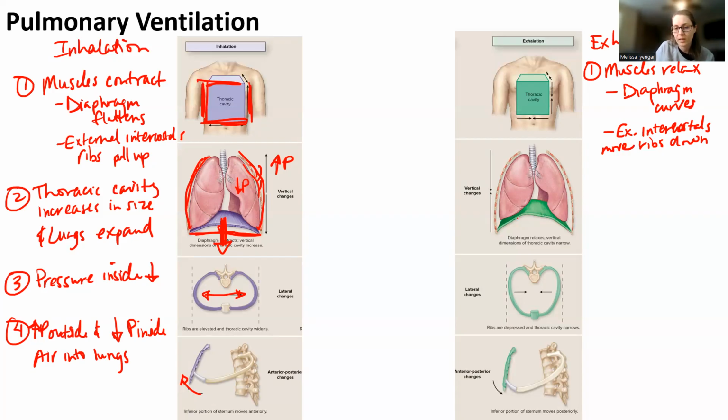So essentially what that is going to look like is you see how the diaphragm curved or bowed upwards, and all of these muscles here came back together again. So our thoracic cavity ends up being smaller in size.